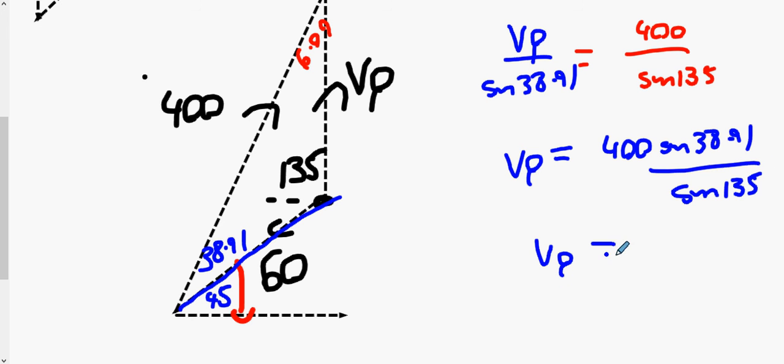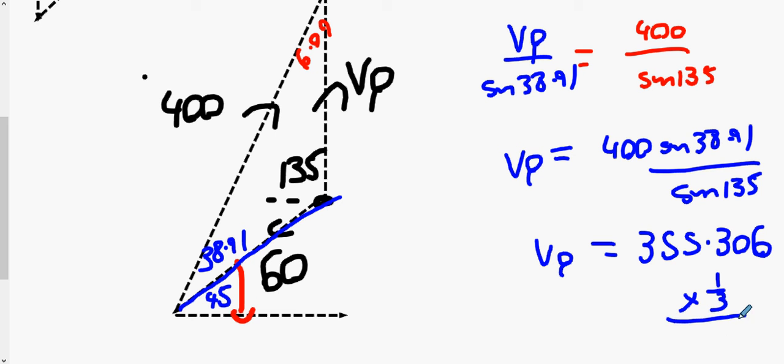What do you get? 355.306. Yeah, and that was the answer we had last time as well, except we had it in thirds. 355.306. Yeah, and if you multiply by a third, you get the same answer, do you? Yeah. What was the answer again? 118.435.